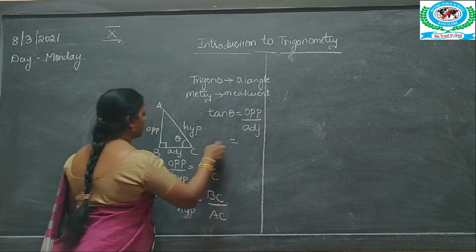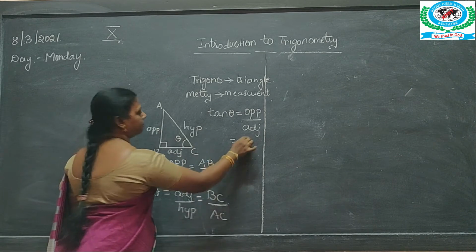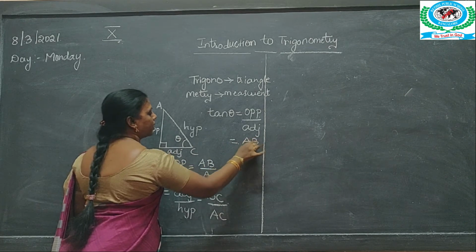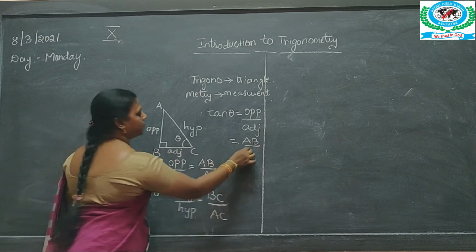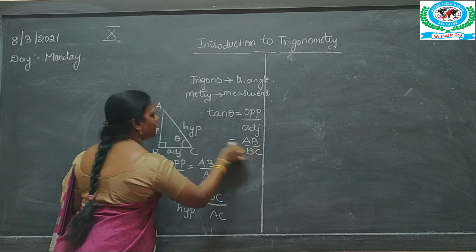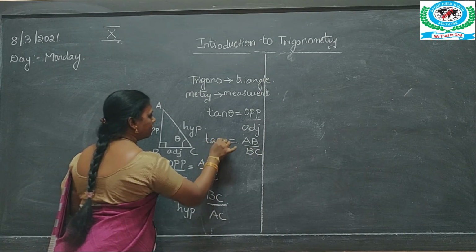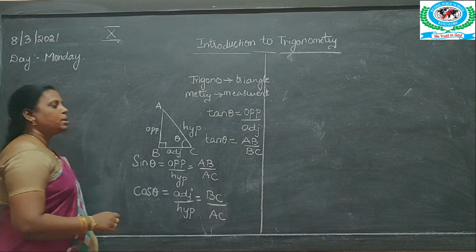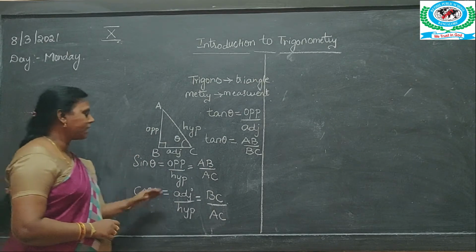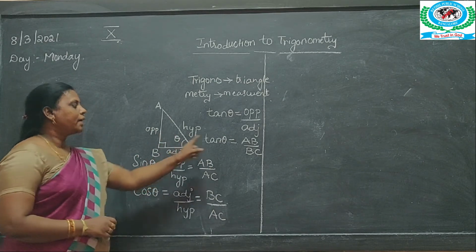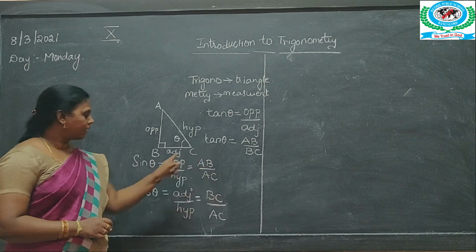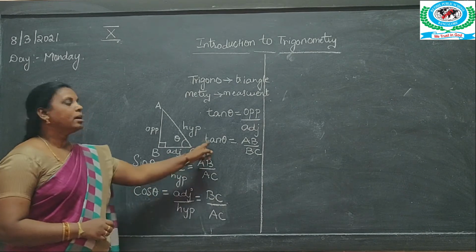The opposite side is AB and the adjacent side is BC. So tan of theta will be equal to AB by BC. So the first three are sine theta, cos theta and tan theta.